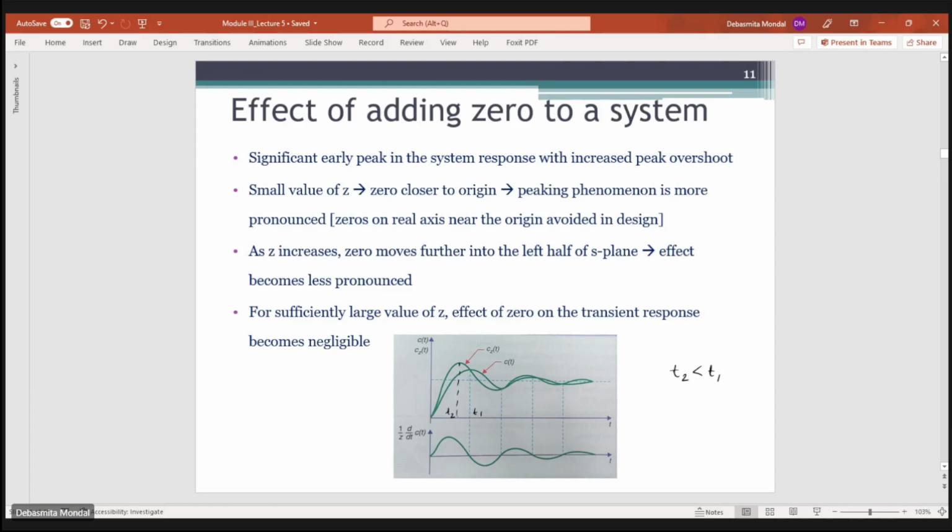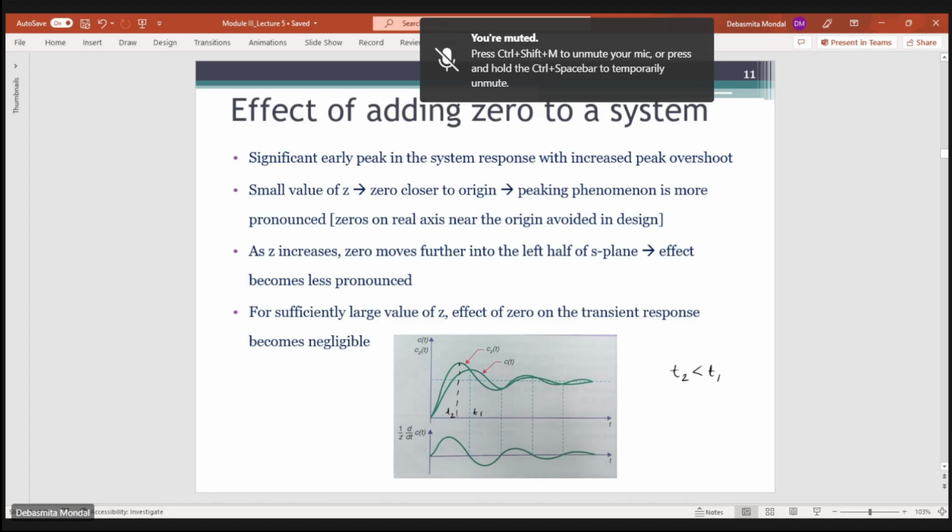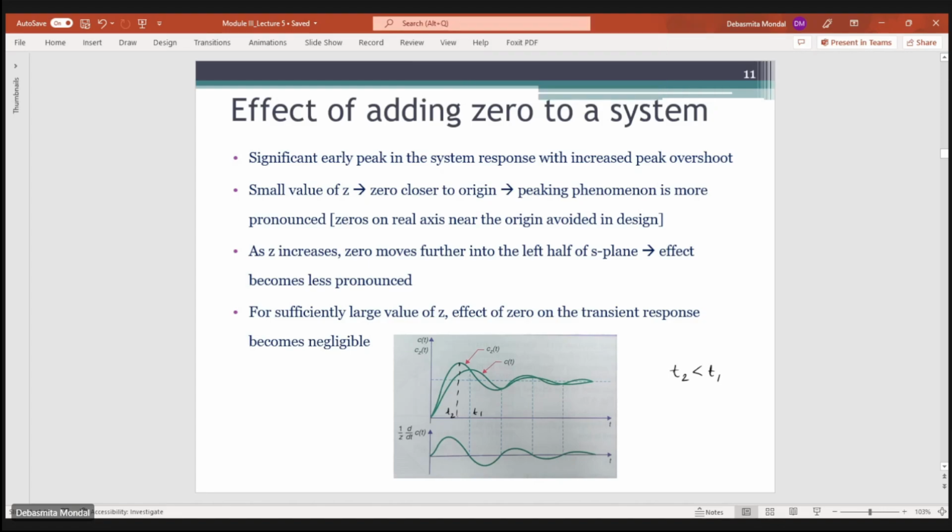So ideally we would not want a 0 very close to the origin on the real axis, because that will result in a very high peak overshoot, and the system might not be able to sustain that kind of an overshoot. But if you increase the value of Z, that means you move the 0 farther into the left half of the S-plane, then this peaking effect becomes less pronounced.